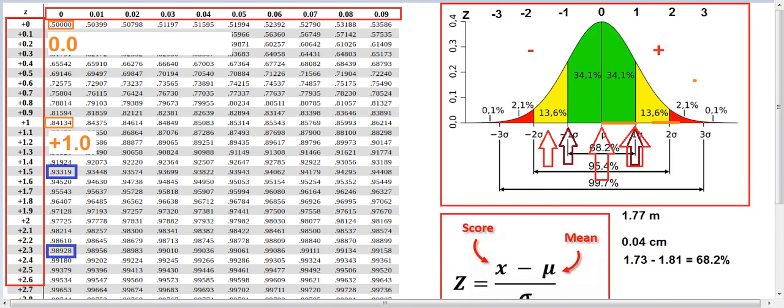Just to let you know and practice just before we go for the next topic. If I want to know what is the z-score for this probability, 0.779, this is 77.9%, okay? So we have to read the row and we have to read the column.